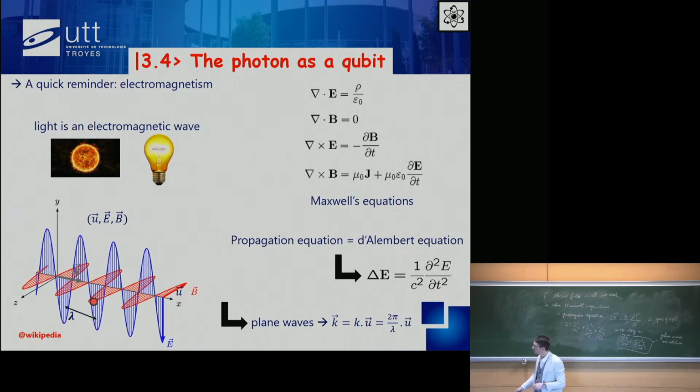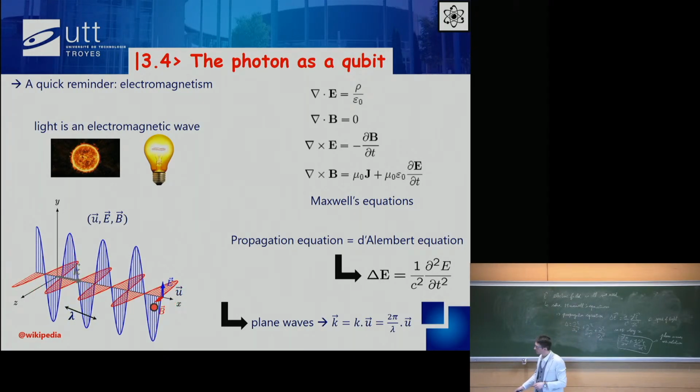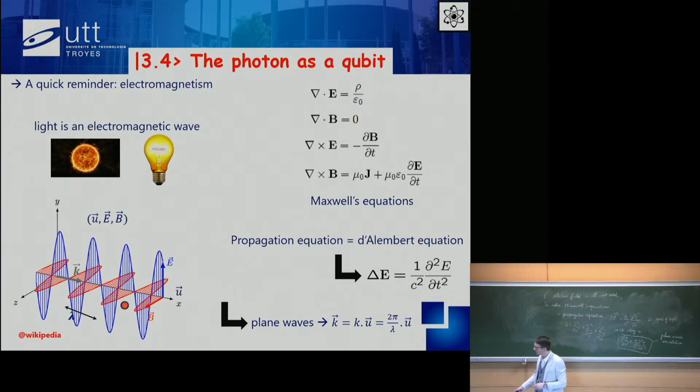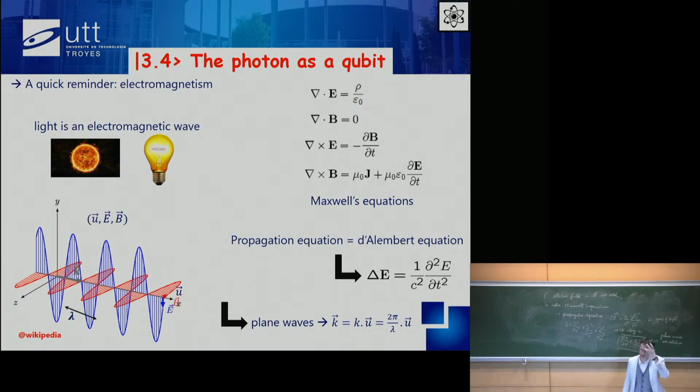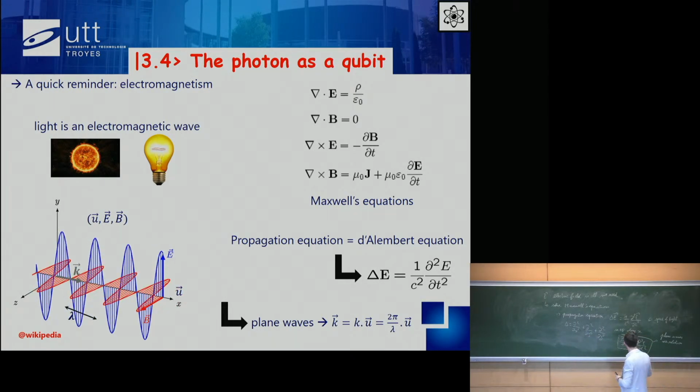It's basically the wavelength between the two maxima of this wave. Okay?